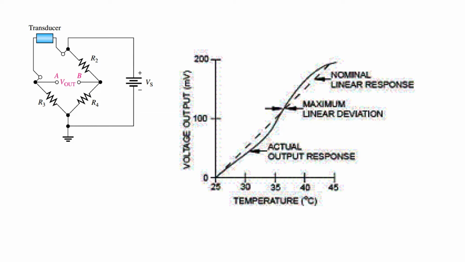Recall that in the voltage divider, R2 must be much less than the load resistance RL in order for the circuit to be as ideal as possible. In this case, the resistance between junctions A and B is zero compared to the internal resistance of the voltmeter. The measurement of the Wheatstone bridge is therefore more accurate and the range of temperature is larger.